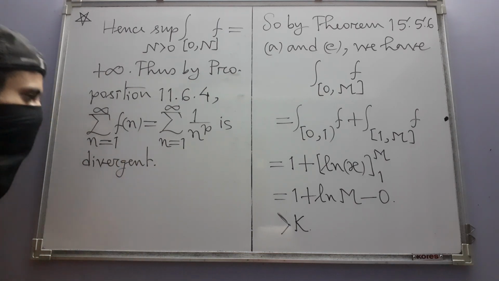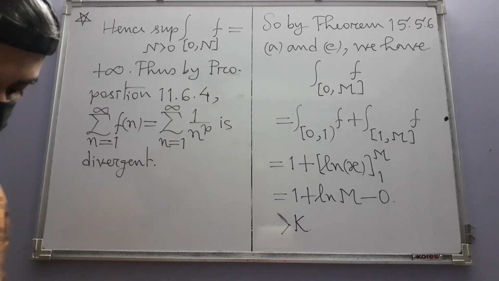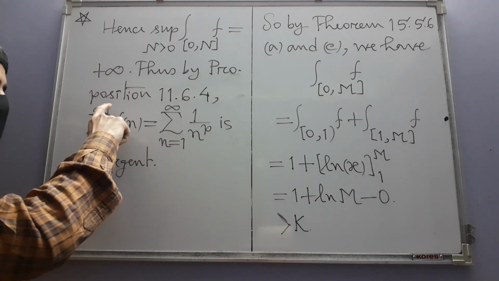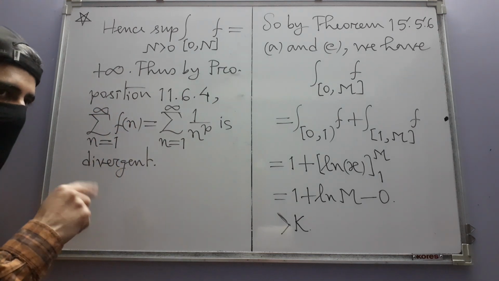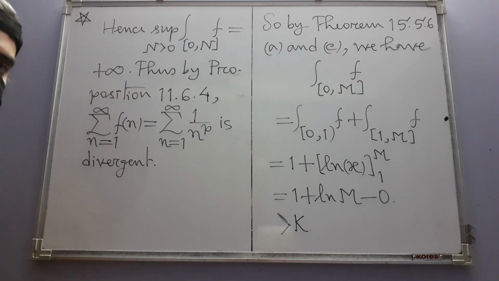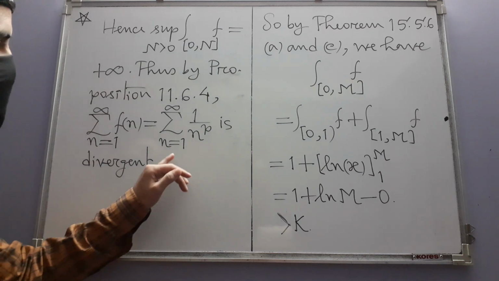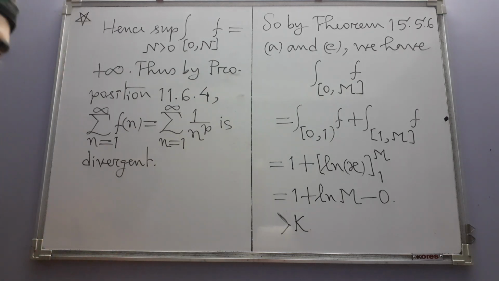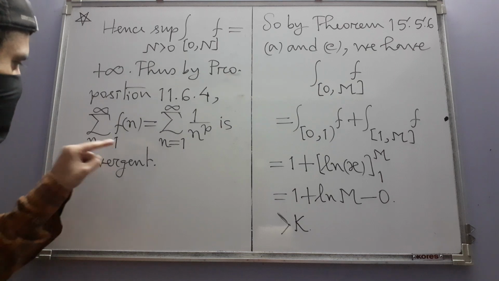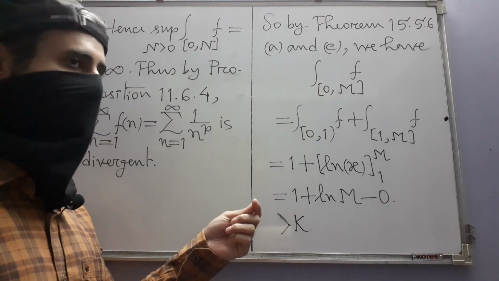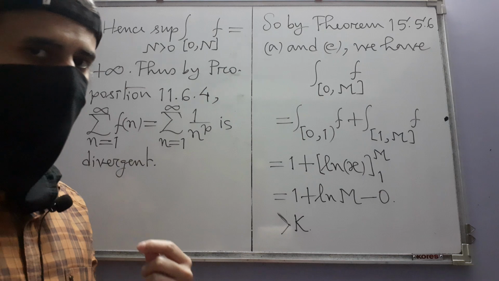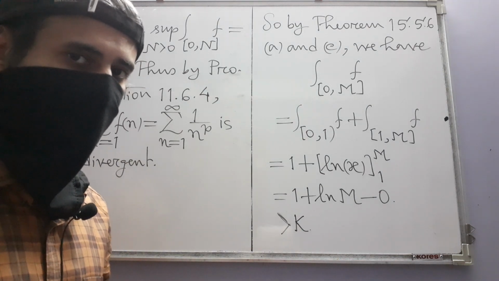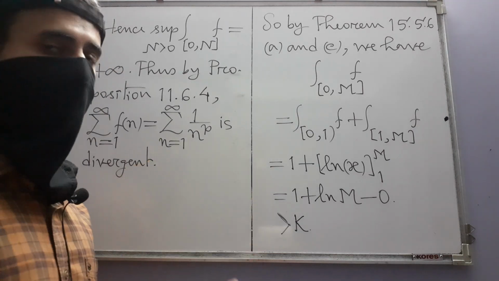If you were keenly observing, you may have noticed something else also. This proposition doesn't exactly tell us anything about this series, but rather a slightly different series where n starts from 0. However, for my convenience, I have decided that n starts from 1. Can I do that? Yes, I can, because by not considering n equal to 0, I am simply just not considering one term in the series. And one term or a finite number of terms, you already know from theory of infinite series, they do not matter.